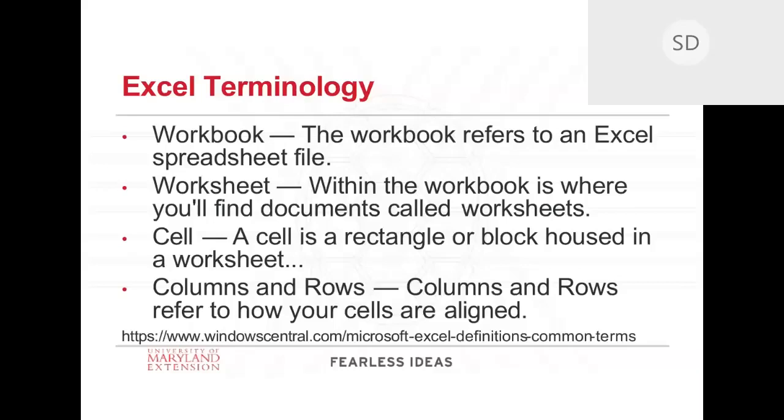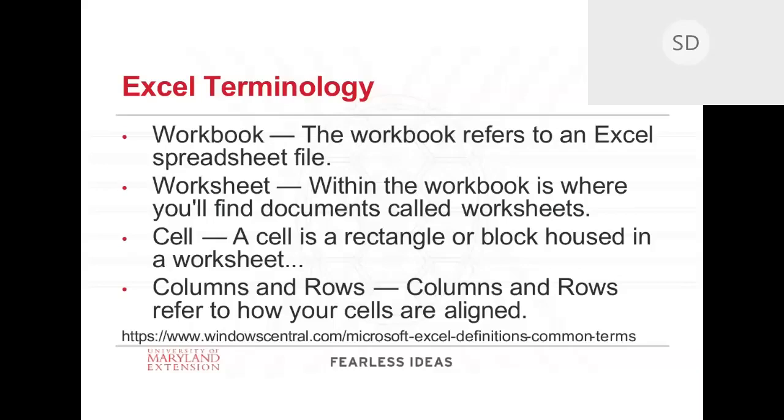So workbook is the file, worksheets are all those different tabs. A cell is the rectangle or the block within the worksheet. So the cells are those little rectangles within the document or the file. And then columns and rows is how it's set up. The rows go down numerically and the columns go across alphabetically.